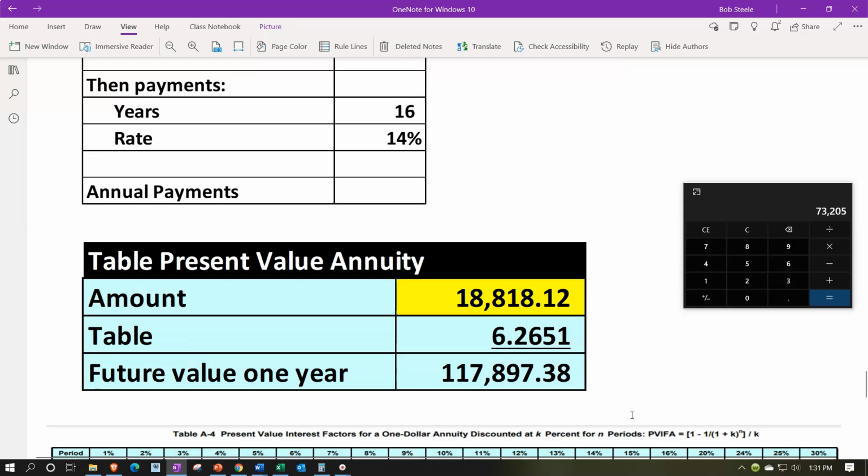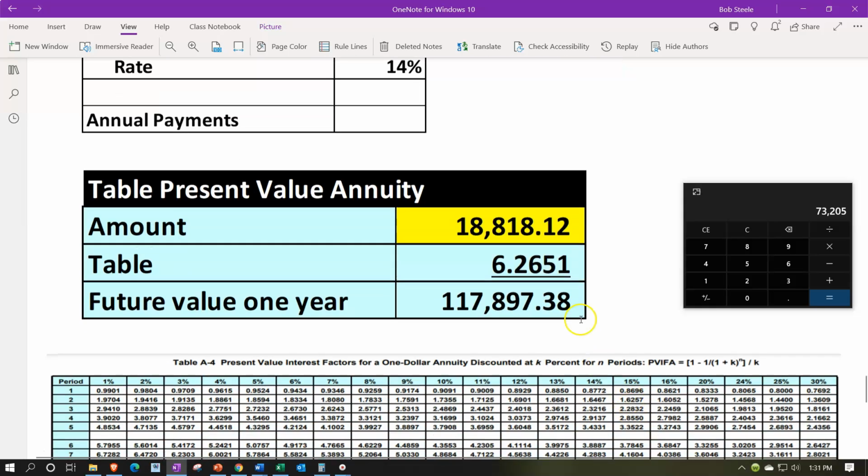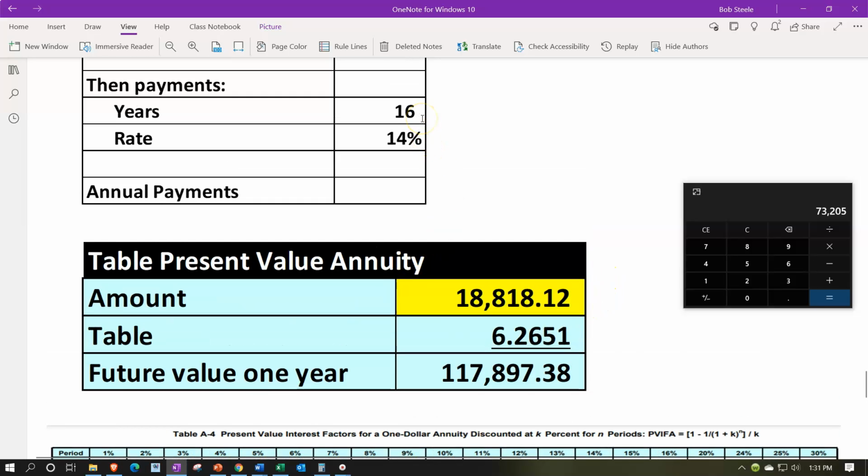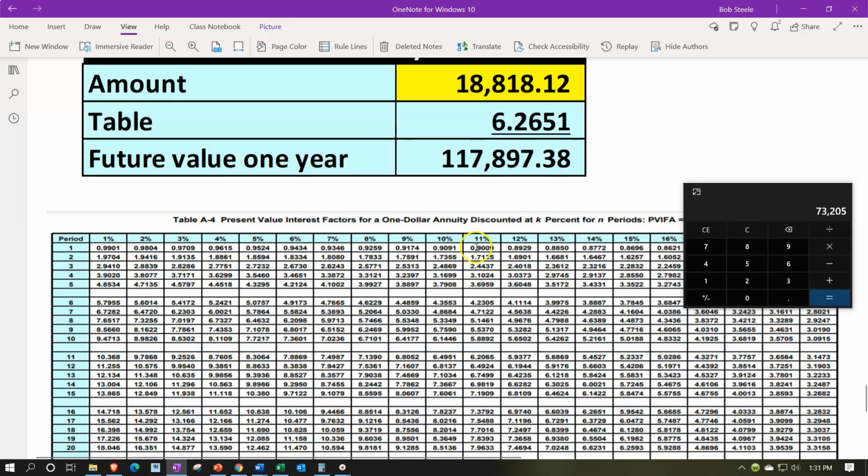And then of course we can use the table, which you might see in a book type of problem. We're trying to back into the amount. Usually we have the amount and then we look at the table to get to the future value. Now we don't know the amount, but we could still find the factor on the table and we know the end result. So the factor on the table would be 14%, 16 periods, which would be right there, 6.2651.